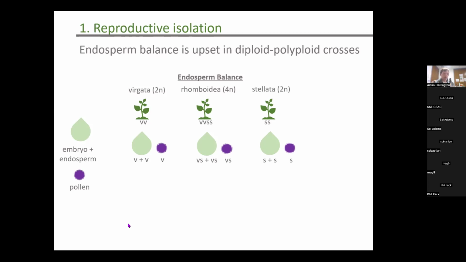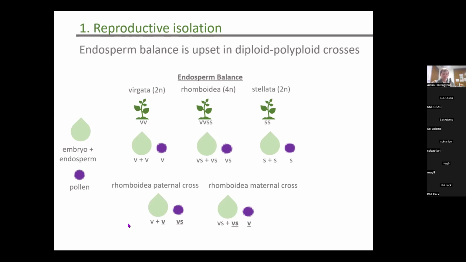And so the way this works out, if you were to make crosses, for example, is that if Rhomboidea is the father in a cross with one of the diploids, it will bring a complement of the V and S genome along to the endosperm of the diploid parent.